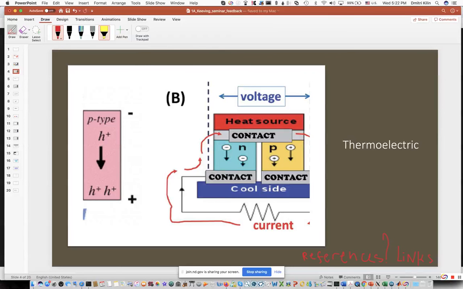And from that, we can create currents. All right. So in panel B, see this whole electric configuration that's being used to make current that's passing that resistor.